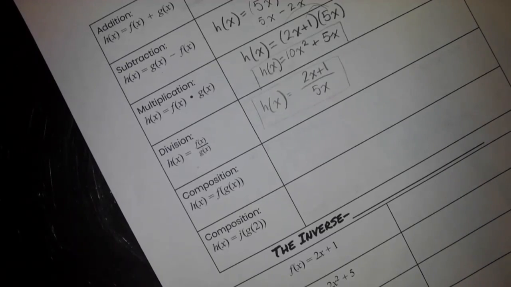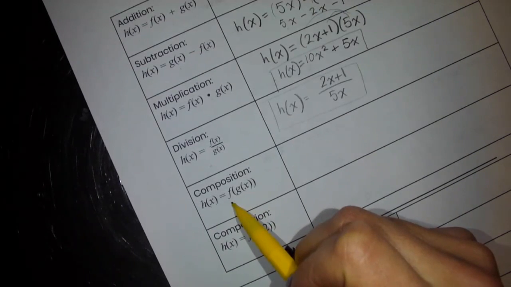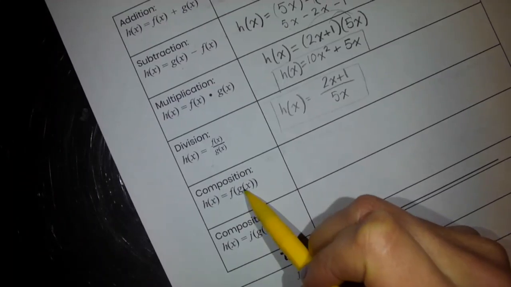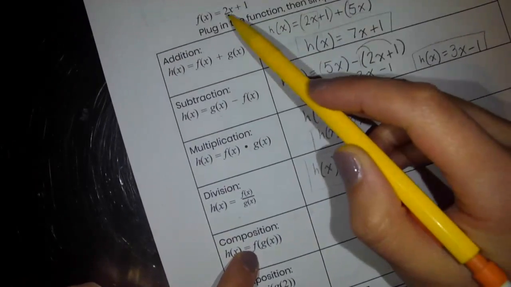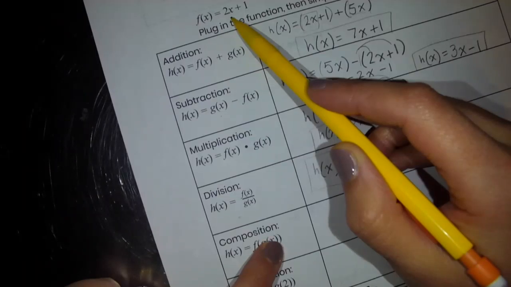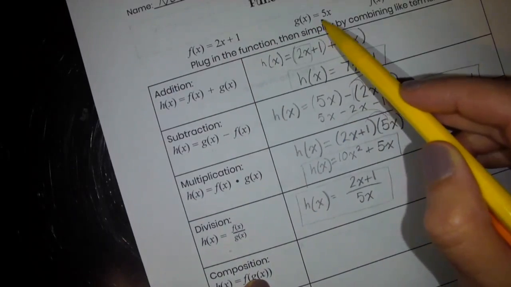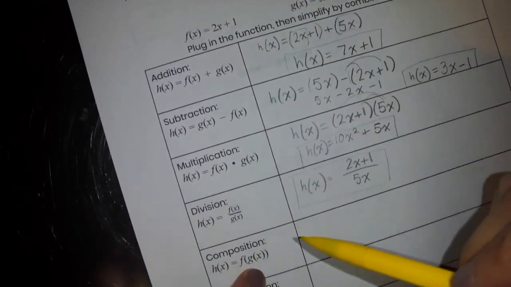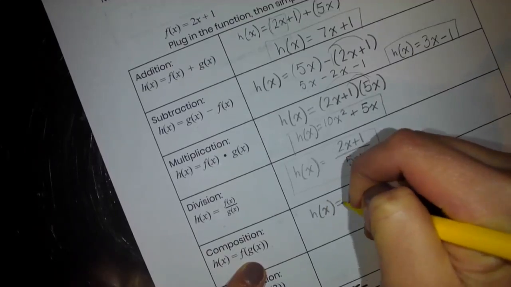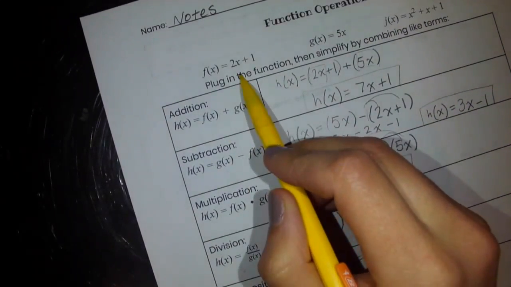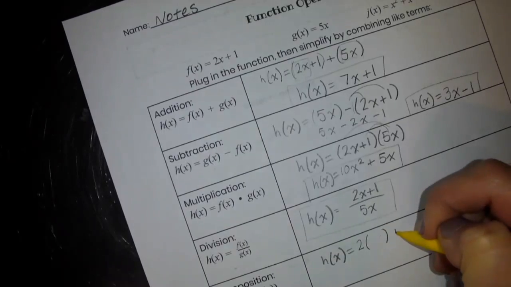Okay, next one, composition function. Composition means that instead of this being just f of x, I'm looking at whatever's on the outside. I'm looking at my function f, and since x is being replaced by a function, wherever I see x in f of x, I'm going to replace it with whatever function is in place of the x here. So I have h of x, my new function, and I'm going to write out my f of x function and leave an open space where the x is.